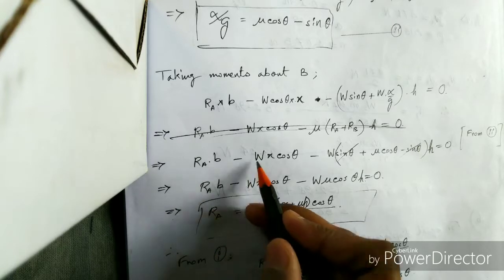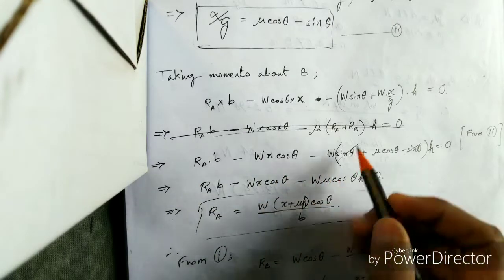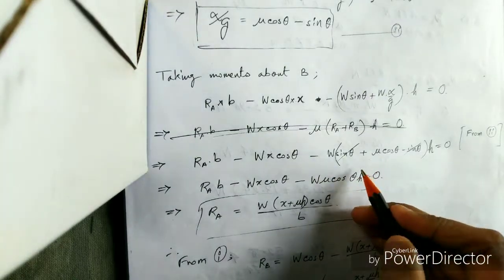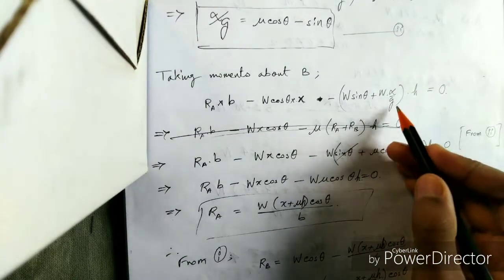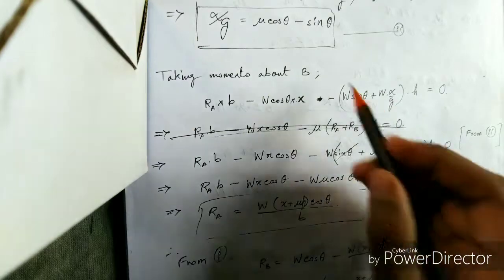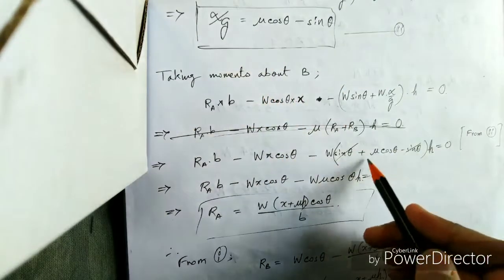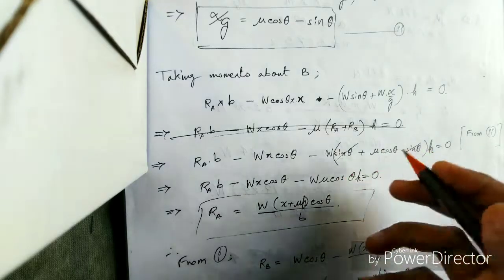Now RA into B minus W cos theta into X minus, taking W common, sin theta plus alpha by g, into H. Instead of alpha by g, I directly put the value from equation 2, mu into cos theta minus sin theta, and both the sin theta terms got subtracted.